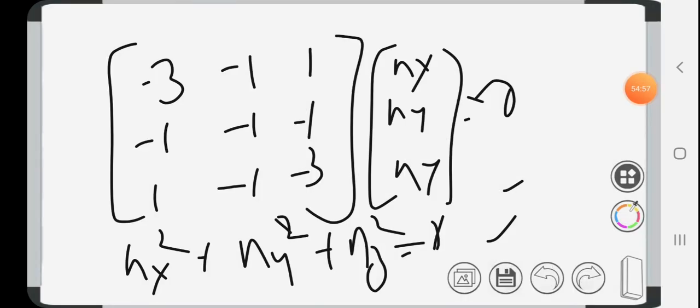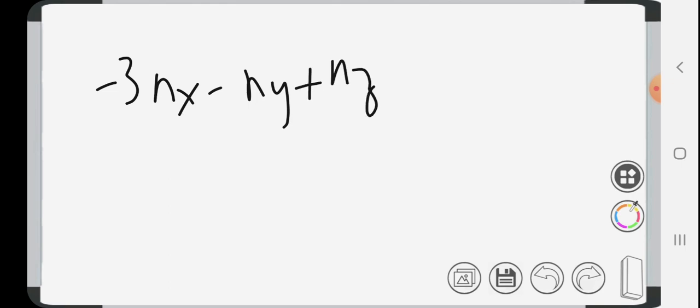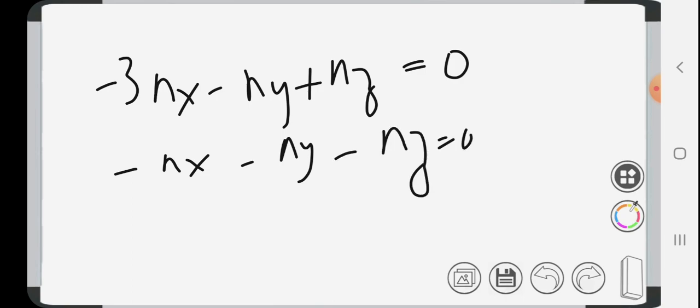So I am writing this equation first. Minus 3nx minus ny plus nz equal to 0, right? Similarly, I can write minus nx minus ny minus nz equal to 0.